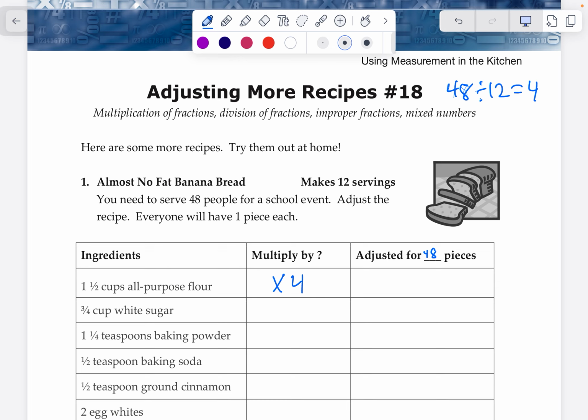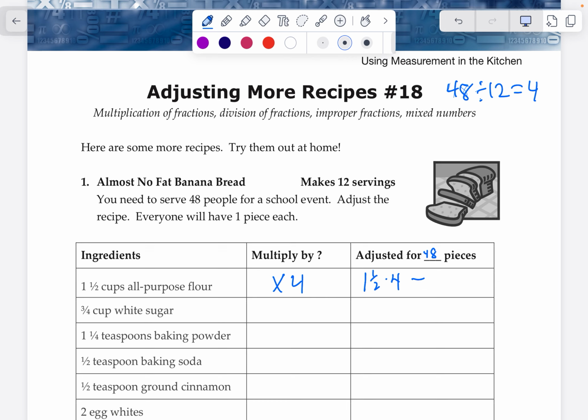Yeah. Okay. So be careful when you do this first one. You have to put in your calculator 1.5 times 4, or you have to use fractions. Okay. Keep it fractional, please. 1.5, you can use that ABC button.